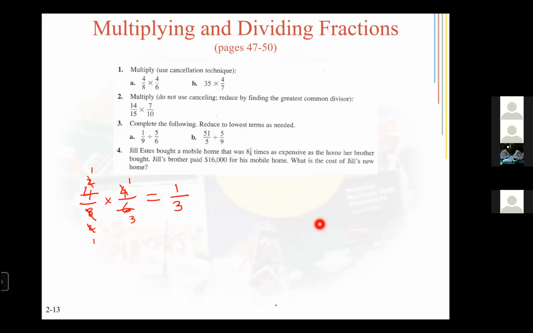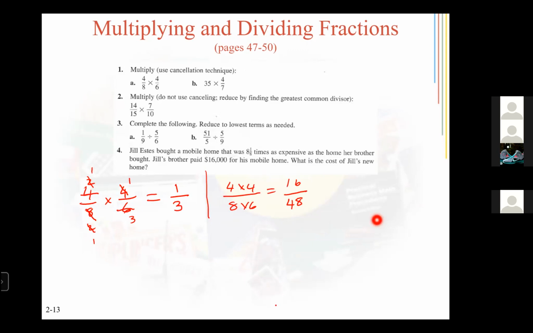Now, another way you could do it, you don't have to cancel. You could have just said 4 times 4 over 8 times 6. So this is another approach. 4 4s are 16. 6 8s are 48. So you have 16 over 48, and then you reduce that.